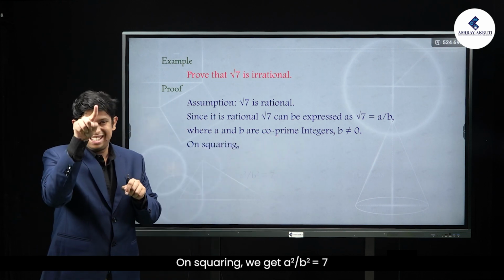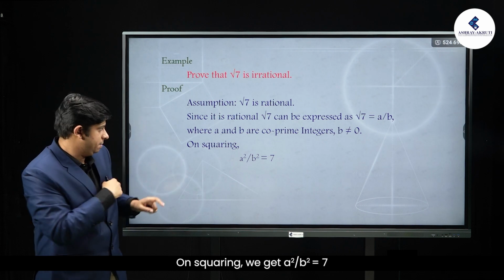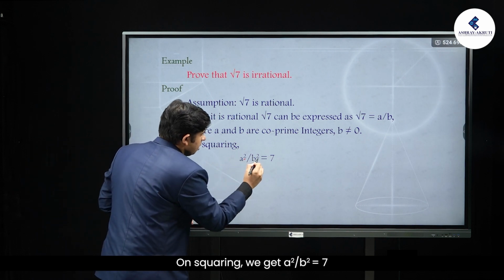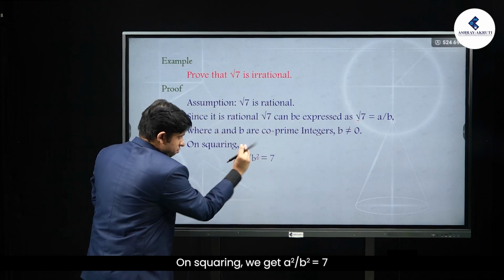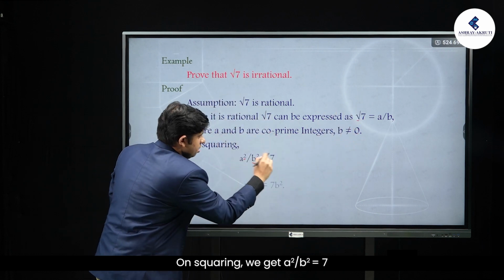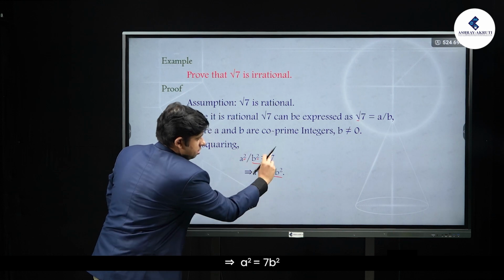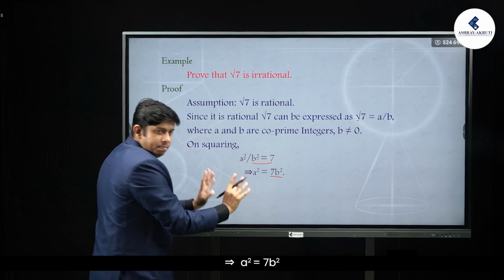On squaring, we get a square by b square is equal to 7, which is equal to a square is equal to 7b square.